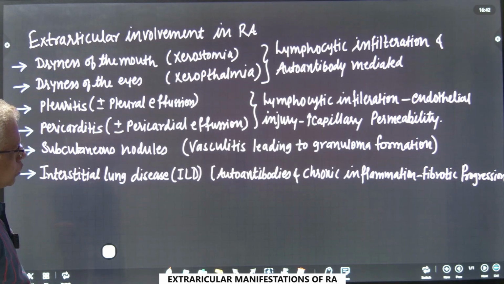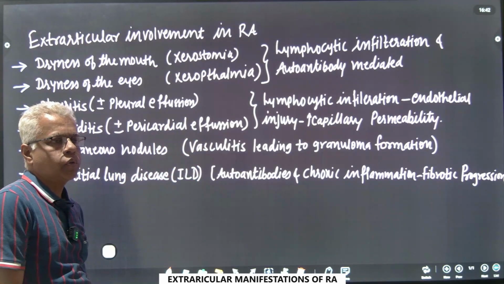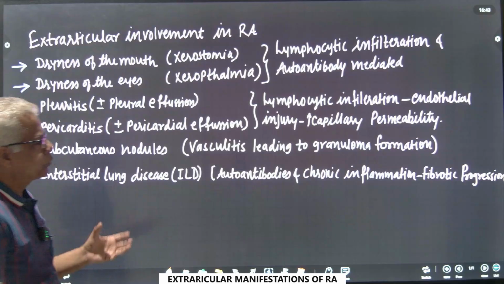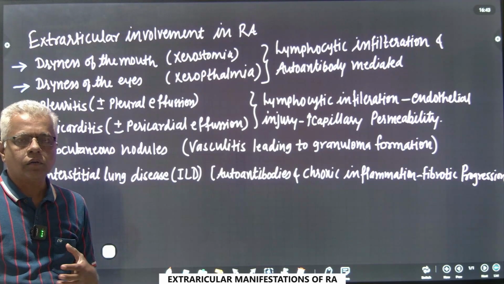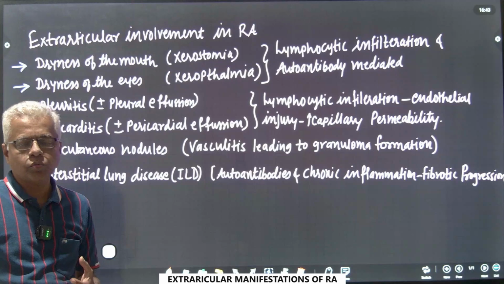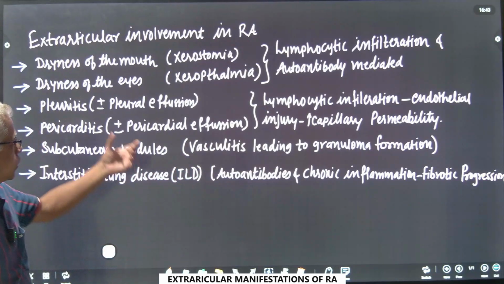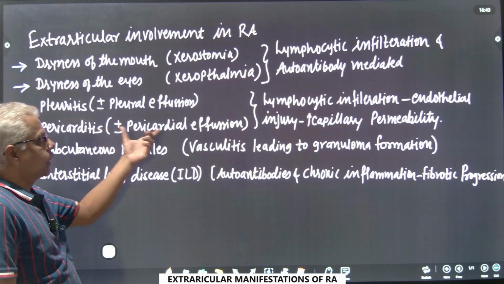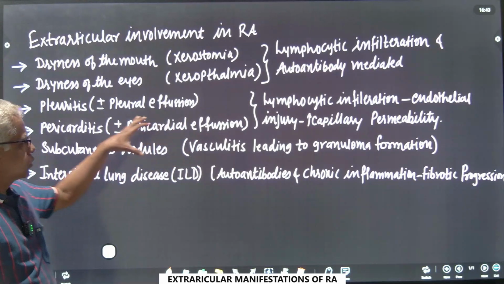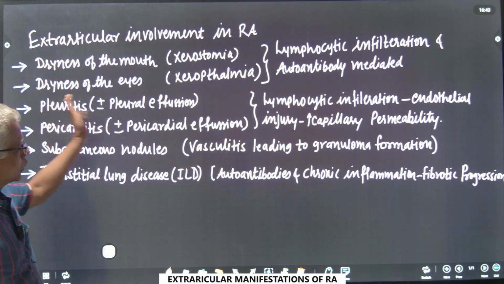Also there is sometimes damage to the endothelial cells, and because of that there is oozing of fluid from the capillaries, and it finally leads to pleural effusion or pericardial effusion. So this pleuritis and pericarditis we may get with an effusion also.